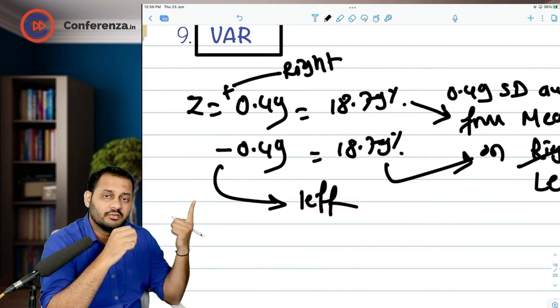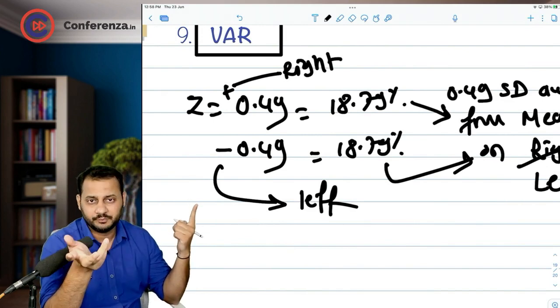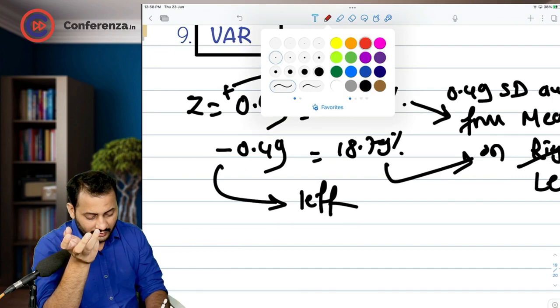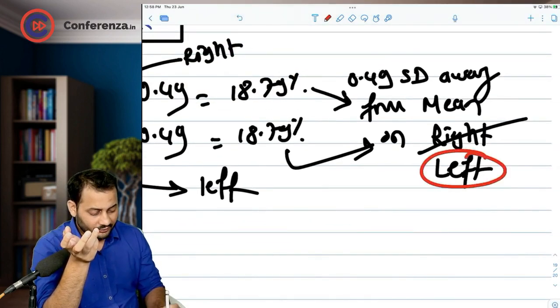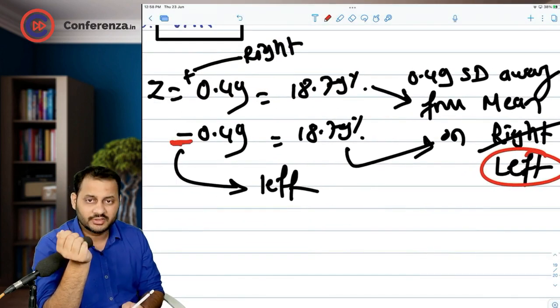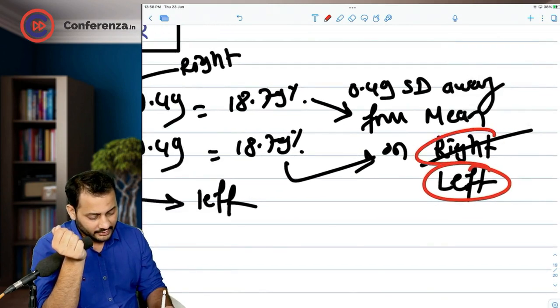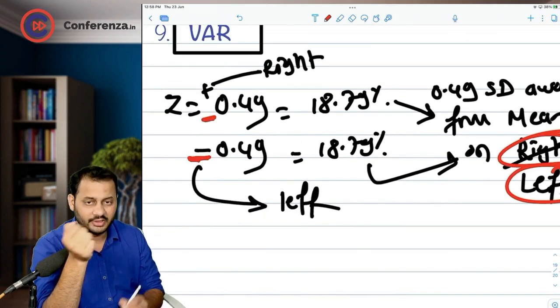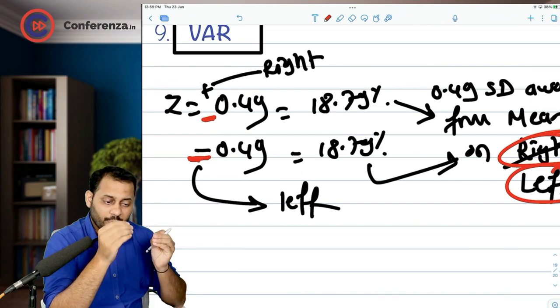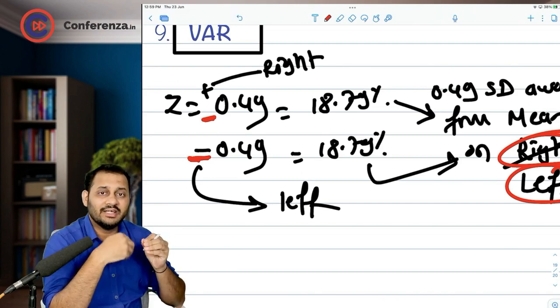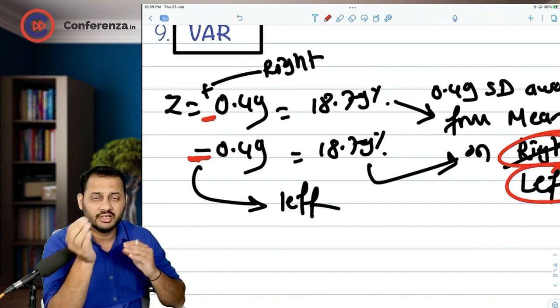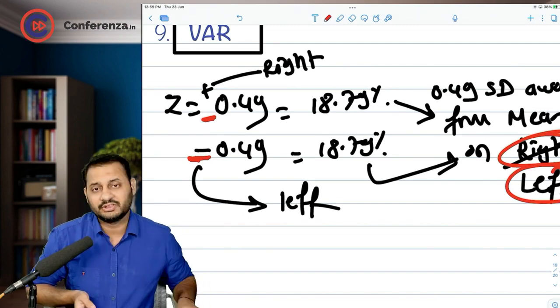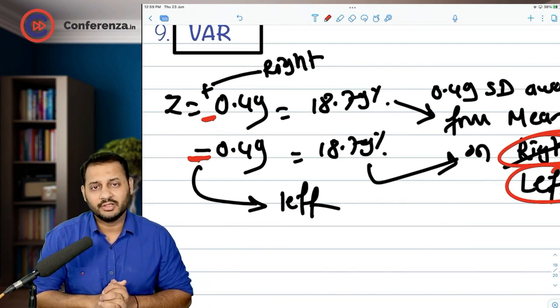The figure will change its sign. If you want to calculate the area on the left, put a negative sign here. If you want to calculate the area on the right, put a positive sign here. The positive and negative sign will indicate in which direction you want to calculate the area.